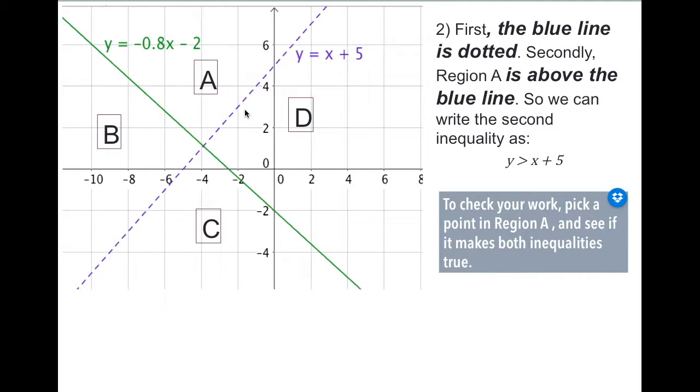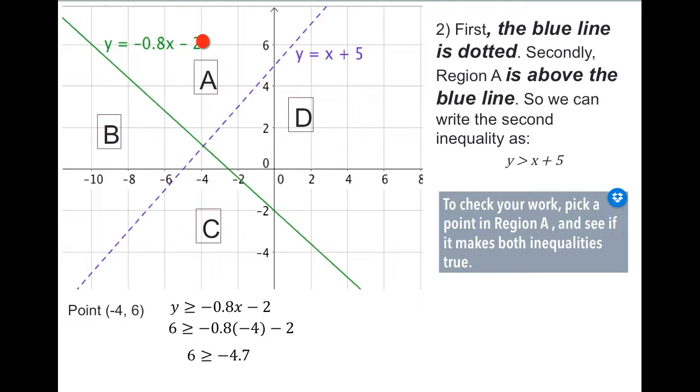Now what if you're not sure that you got your inequalities right? You can always check your work. Pick a point in region A and see if it makes both of the inequalities true. So in my case, I just picked point negative 4, 6. If I plug it into my first inequality, I get 6 is greater than or equal to negative 0.8 times negative 4 minus 2.